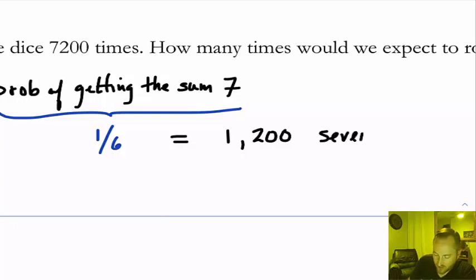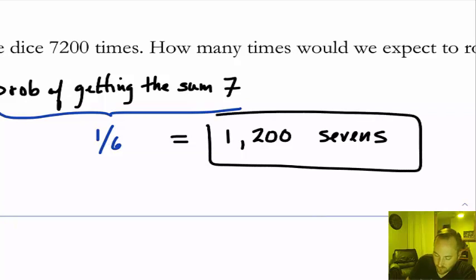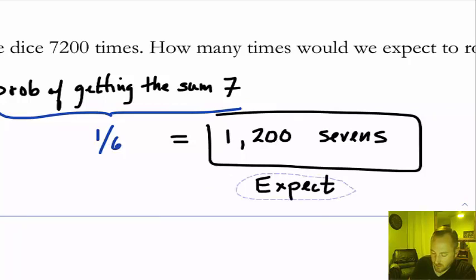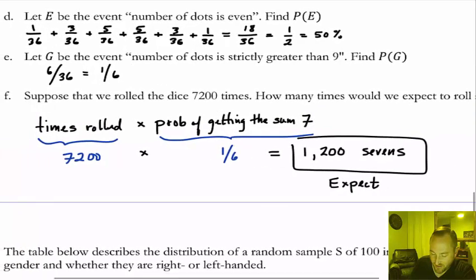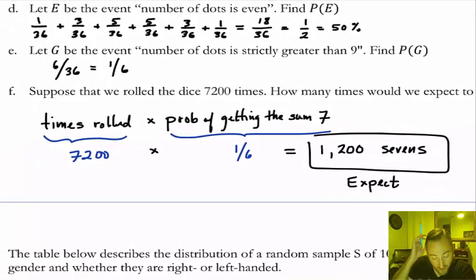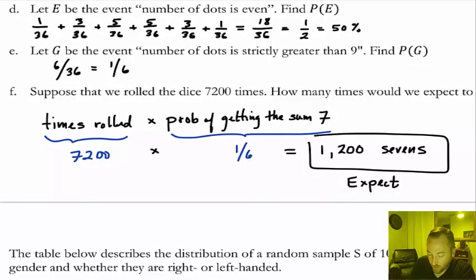And I'll put there 7s. And I'll also include the concept of expect. Not except, I'm sorry, expect. Not exec. It's kind of different. Expect and aspect. It's getting pretty late. We could expect 1,200.